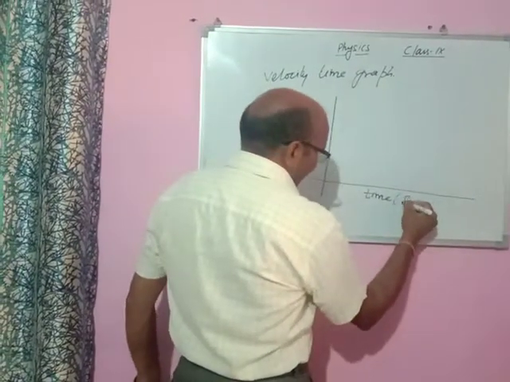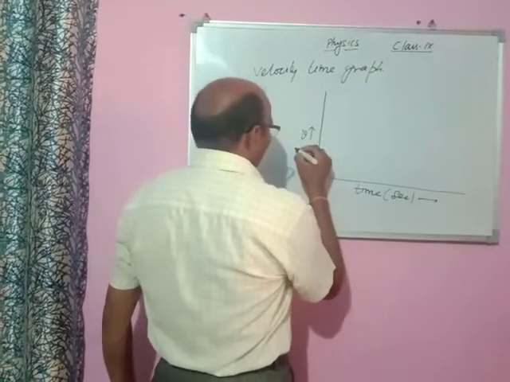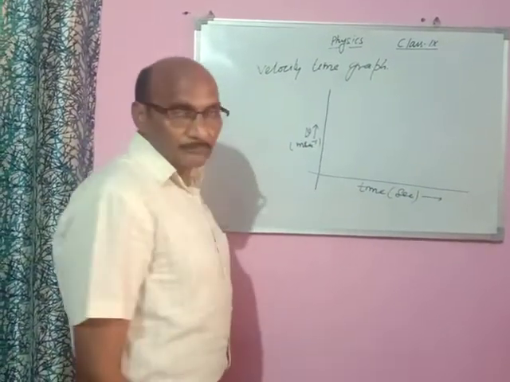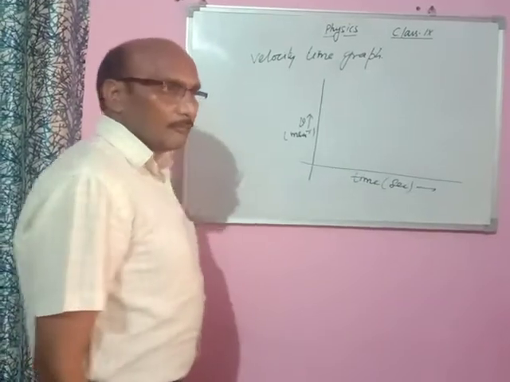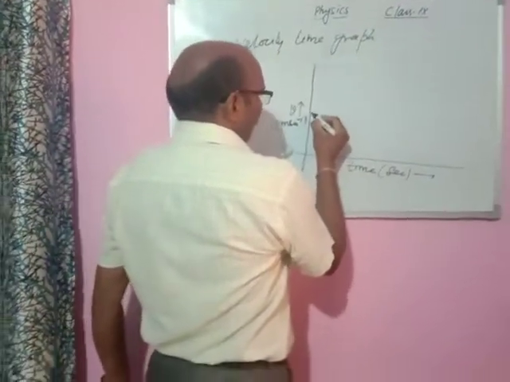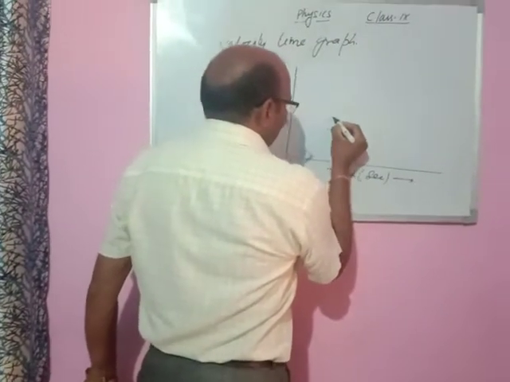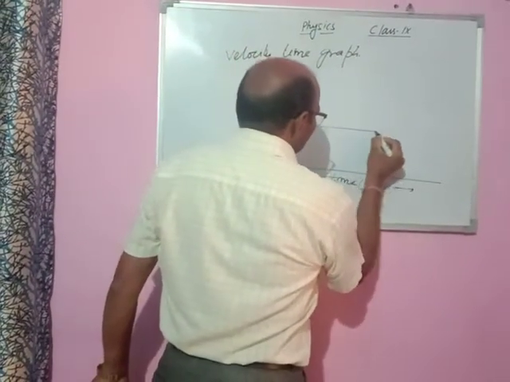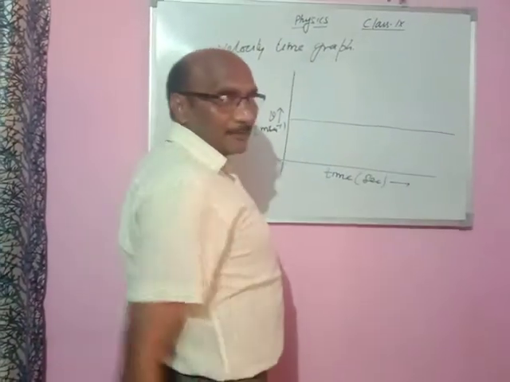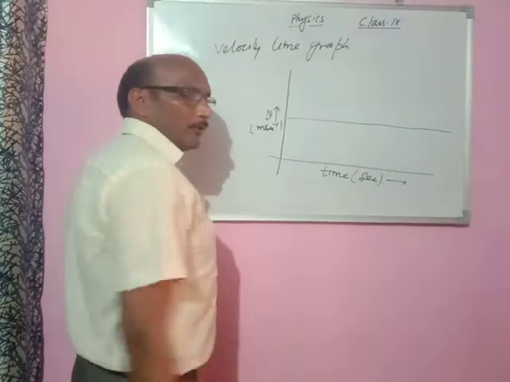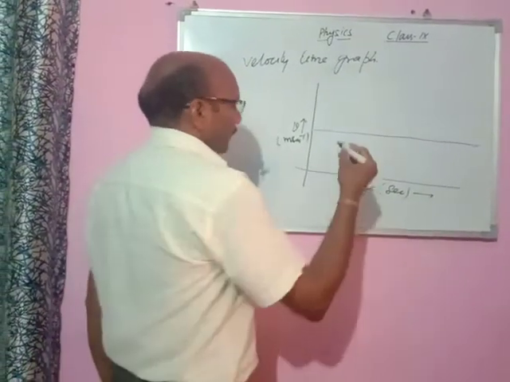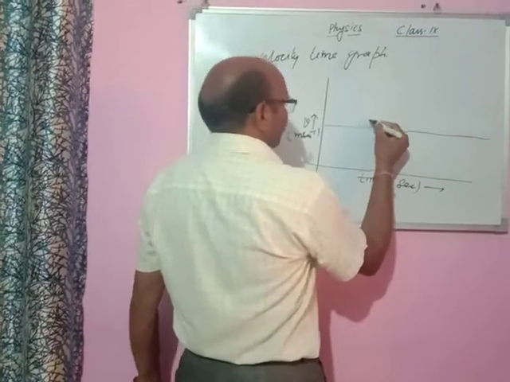Time in seconds, and velocity in meter second minus 1. Now see again, when the graph is parallel to the x-axis, in that case time is changing but velocity is not changing. It means the object is moving with uniform velocity.